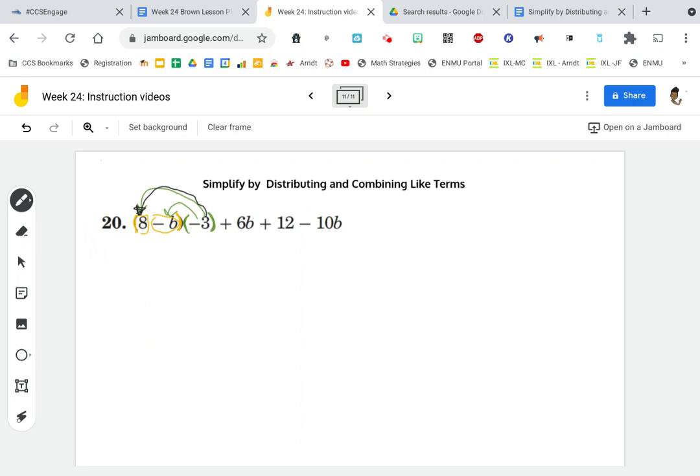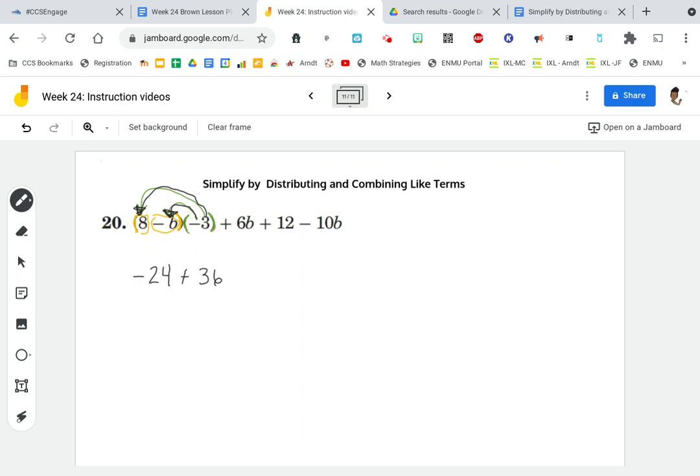A negative times a positive is a negative. And 8 times 3 is 24. Then we have to distribute that negative 3 to that negative b. A negative times a negative is a positive. And 3 times b is 3b.